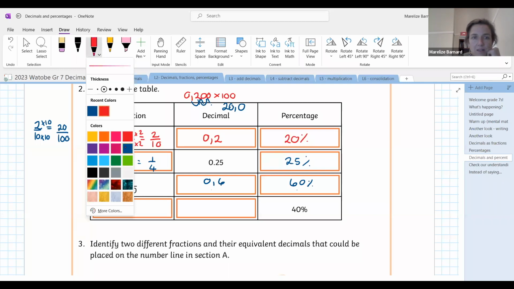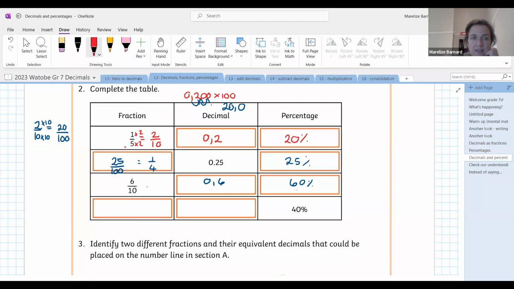of working out. So 6/10, I'm going to do it on the side here, 6/10. To get to the percentage, we need to figure out how many tenths are there, how many hundredths are there if I have 6/10. So I go 10 times 10 gives me 100.